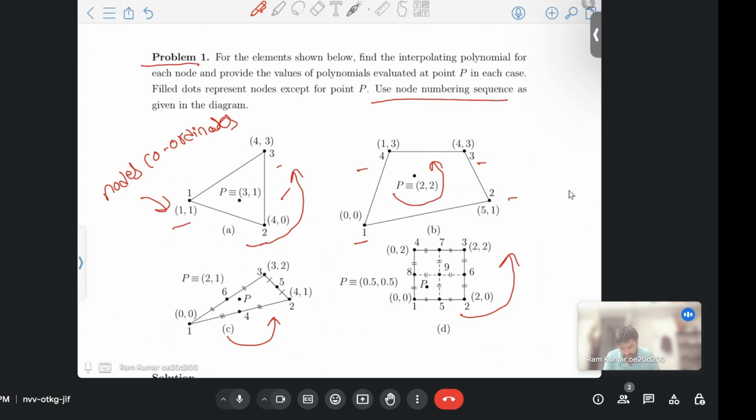For example, for this triangular element we have 3 nodes, node 1, node 2, node 3, and we have to find the interpolating polynomial for this triangular element. So now we are going to solve this problem.